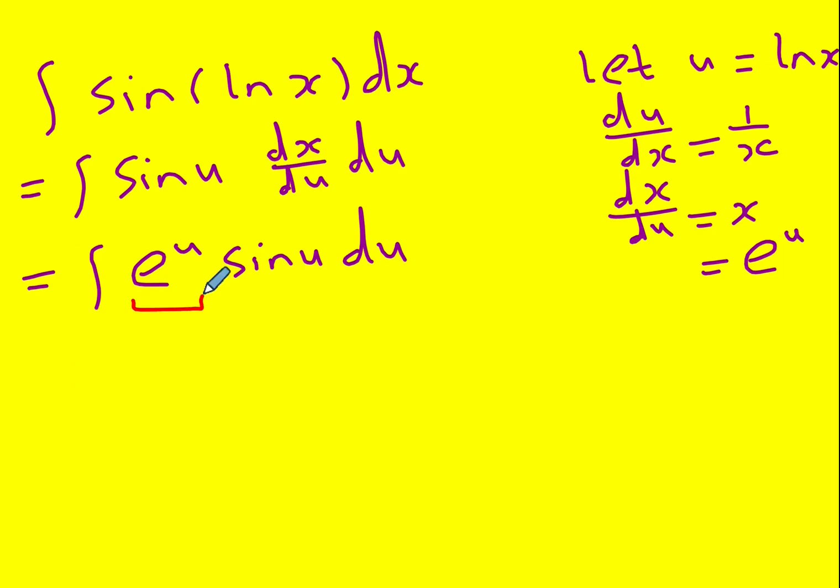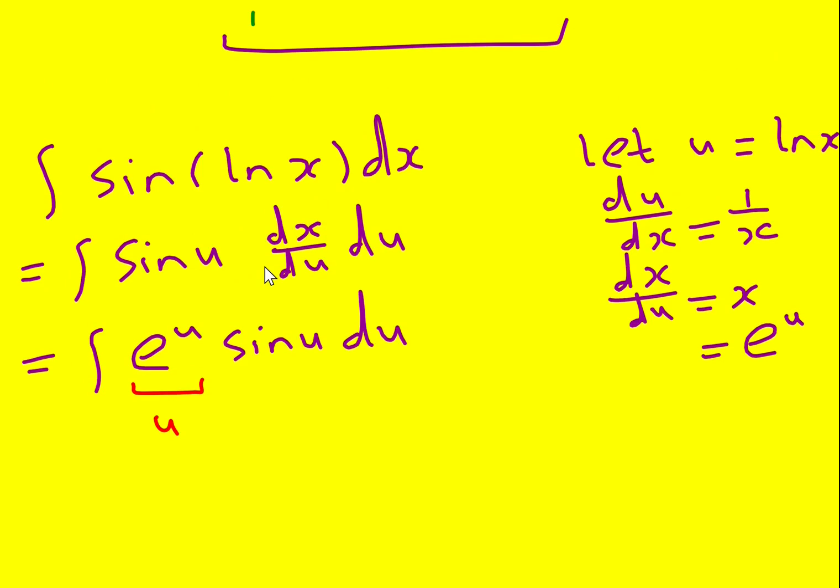So this is going to be, I know I've got a u. I kind of regret using u now. Let's change it, to be fair. Let's call it t. Because now we can do integration by parts.